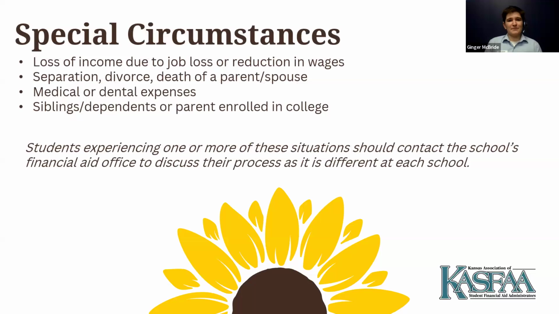I mentioned a couple of slides ago about the ability to make a correction on the FAFSA form if information was answered or provided incorrectly at the time the FAFSA was filed.